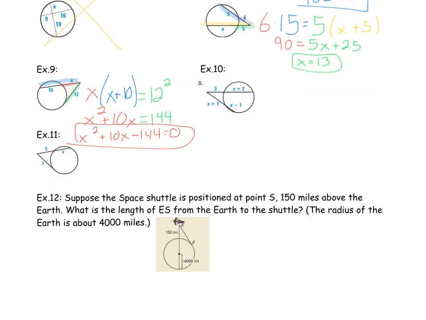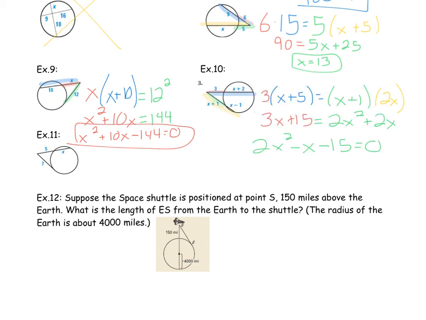Example 9 is a good example of one that you would just need to set up, multiply it out, get it into standard form, and then just leave it. Again, I'm not going to make you factor or use the quadratic formula here. For example 10, again, you would just be setting this up, multiply it out, get it into standard form, and then again, call it quits. Do not need to factor, do not need to do the quadratic formula at this point.